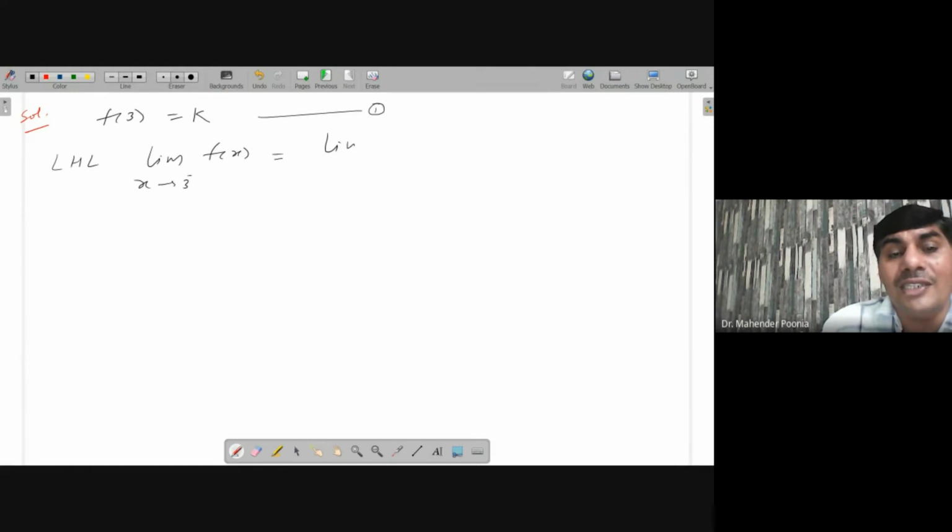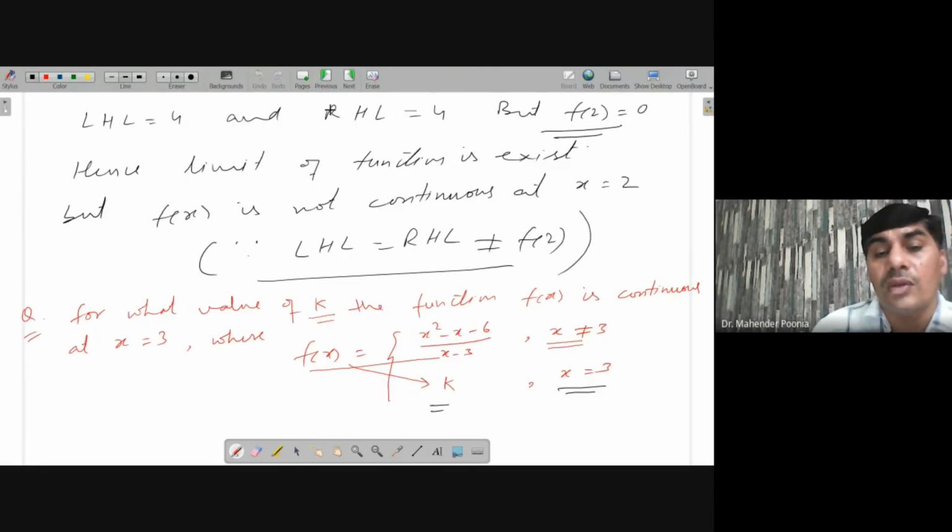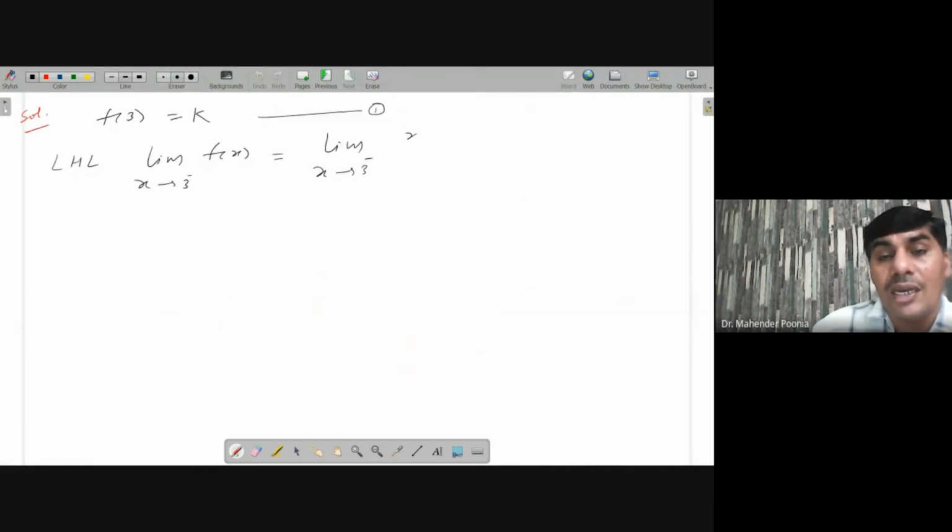When x tends to 3, that means x is not equal to 3, so the value of the function is x square minus x minus 6 divided by x minus 3.